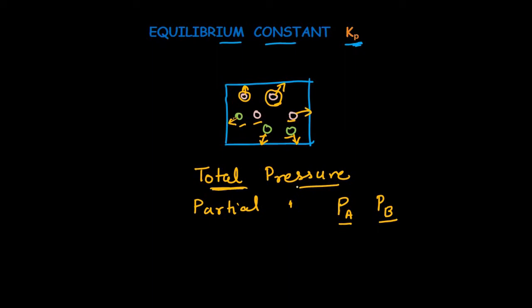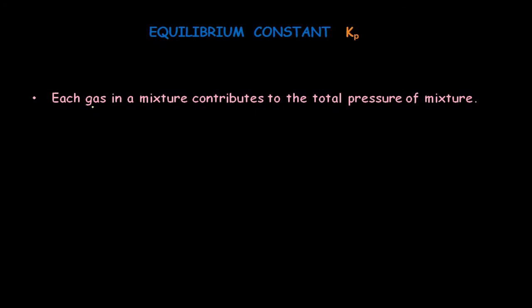When we talk about the total pressure, we have to consider all the partial pressures applied by each and every molecule of the reactants and the products. So we can say that each gas in a reaction mixture contributes to the total pressure of the mixture.